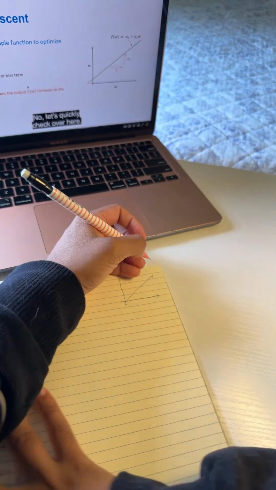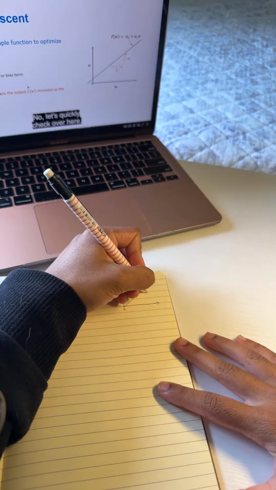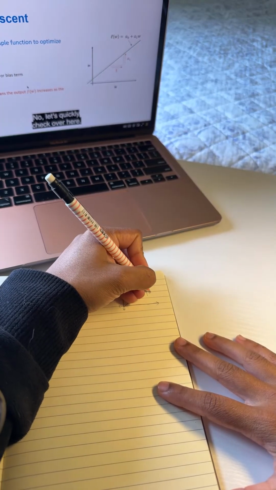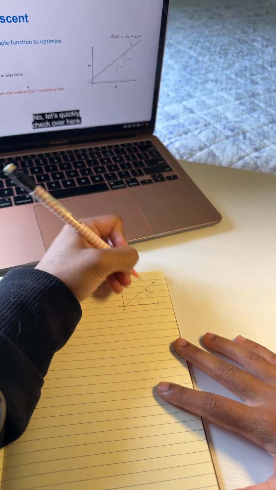So this is our linear function, and this is the a1. This is 1.